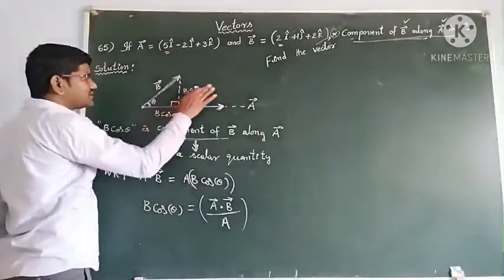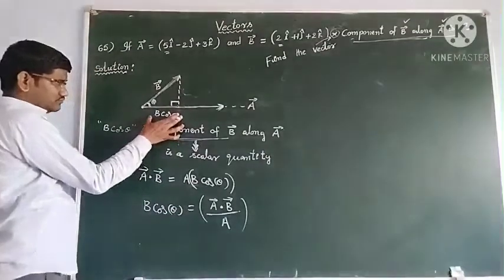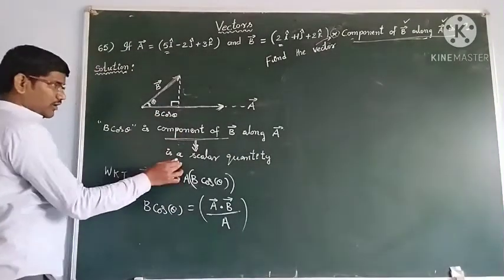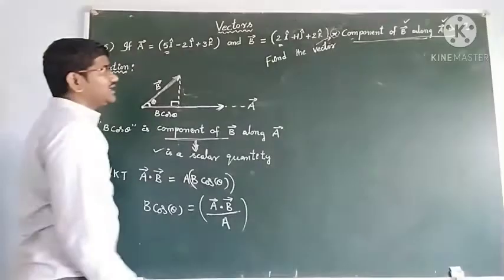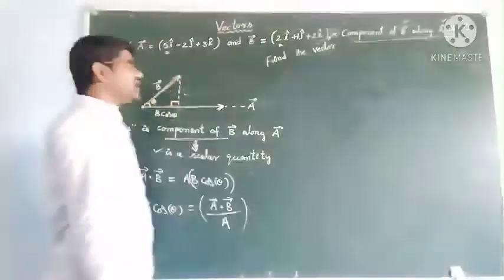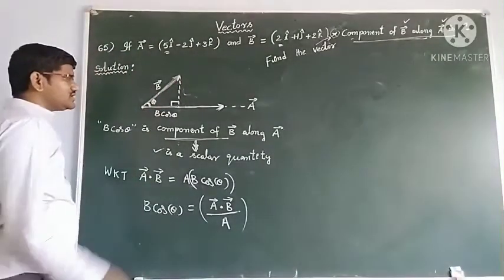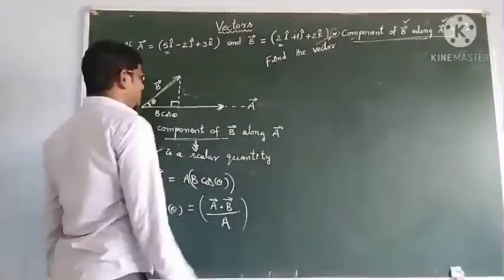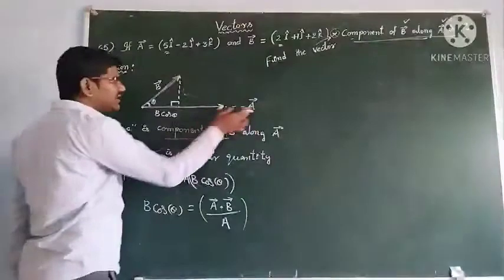This side B cos theta we know. Component is a scalar quantity. But what is he asking? Find the vector component of B bar. Vector component of B bar along A bar means this B cos theta in the direction of A bar.